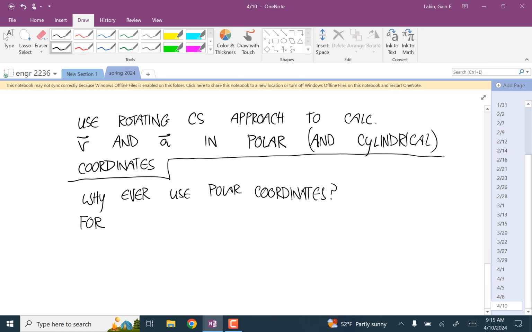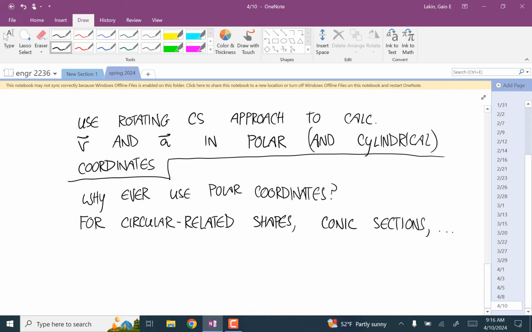For circular related shapes, conic sections, there are some other things.